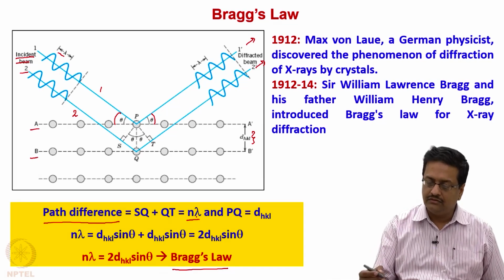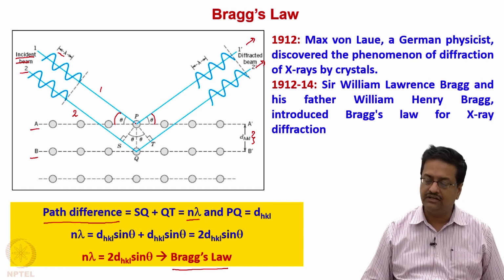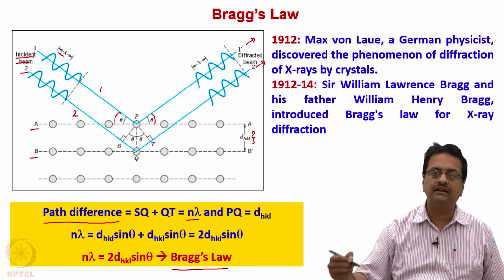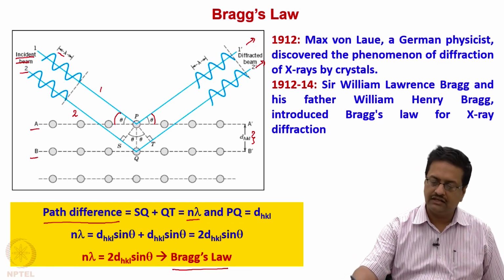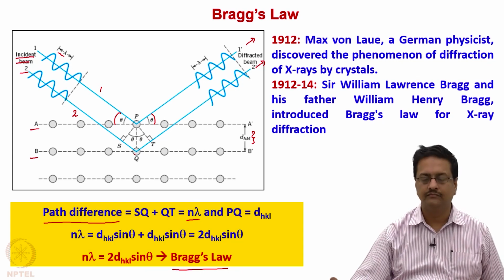By doing a simple geometric calculation, we try to understand how Bragg's law can be derived. Here the points P and Q are where the diffraction takes place. Beam 1 gets diffracted from point P and beam 2 gets diffracted from point Q.